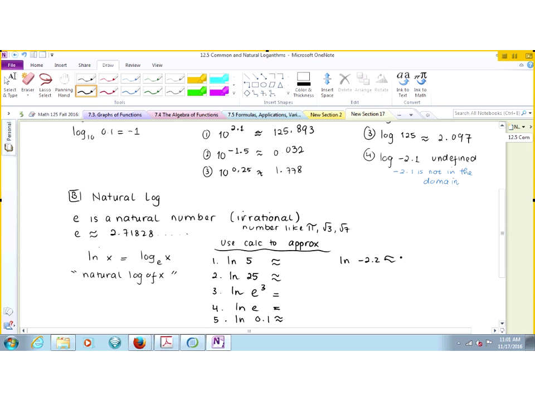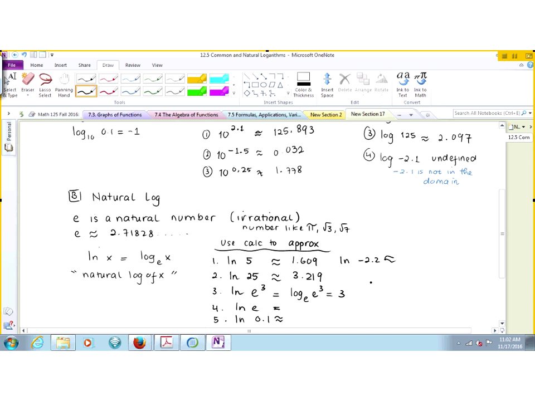Now, what is ln 5? Let's use your calculator. 1.609? Yes. ln 25, 3.219? Yeah. Now, the next one is ln E cubed. Do I need a calculator? No, this is just log base E of E cubed, which is 3.